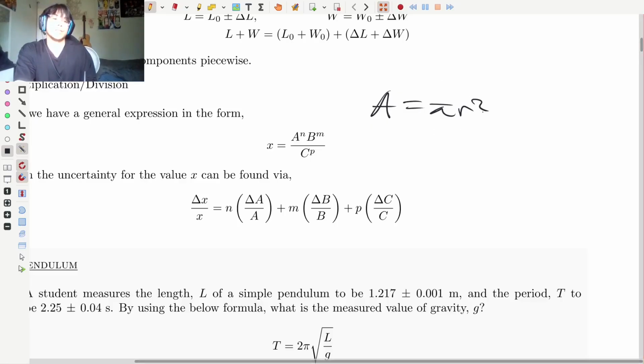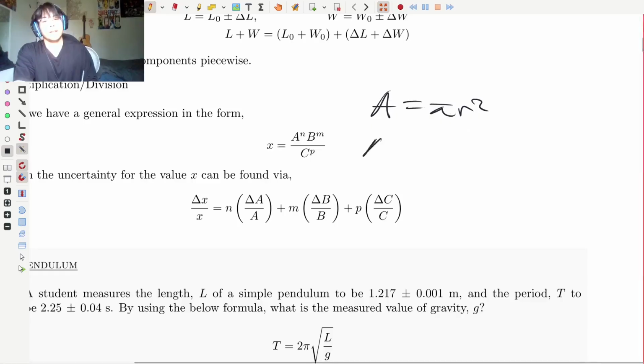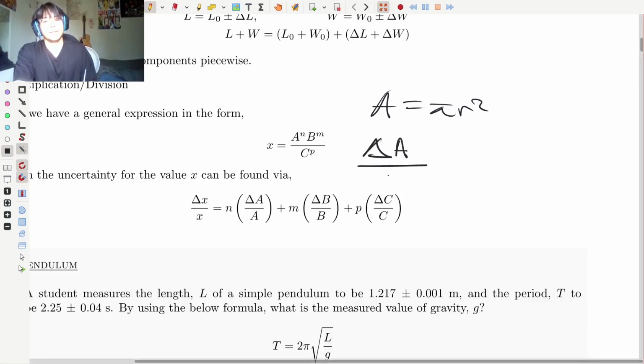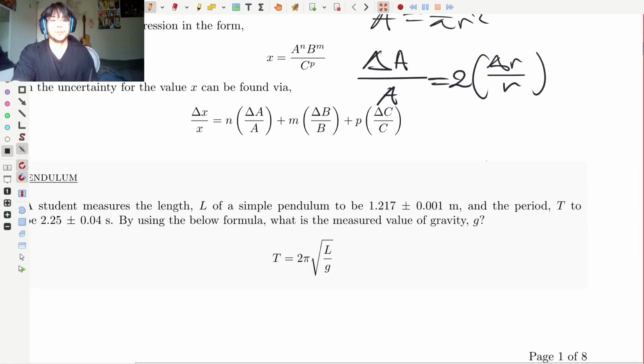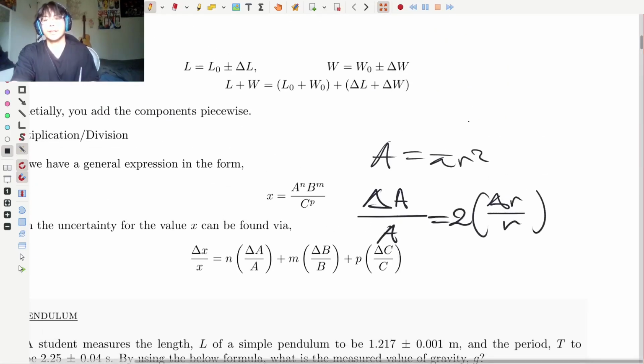Pi is just a constant, r is a variable that we're after. So the fractional uncertainty of A will be equal to 2 times the fractional uncertainty of R. Let's just bring this formula down with us.